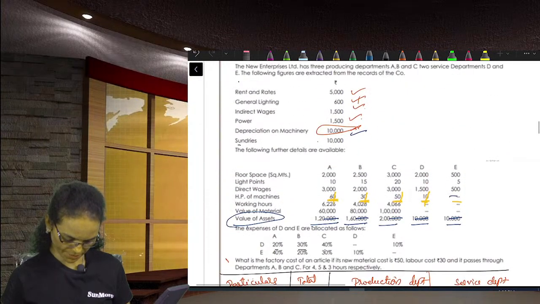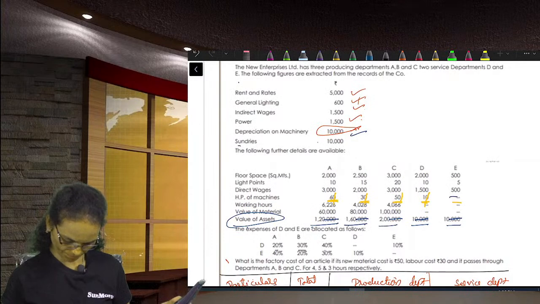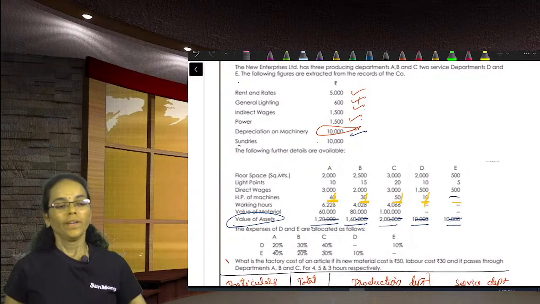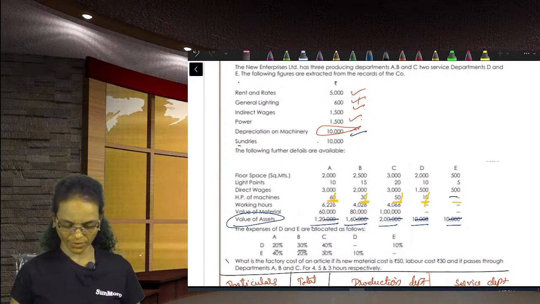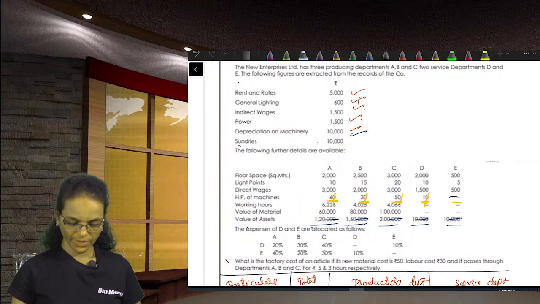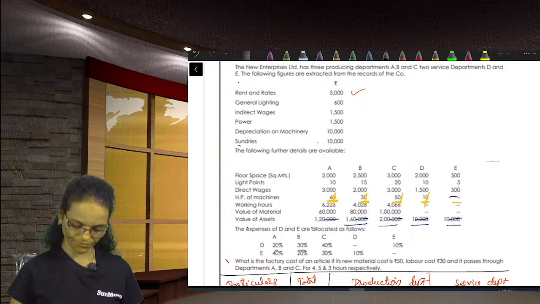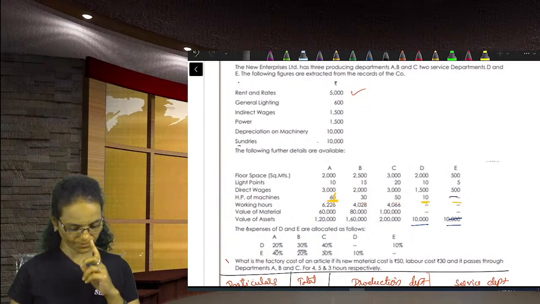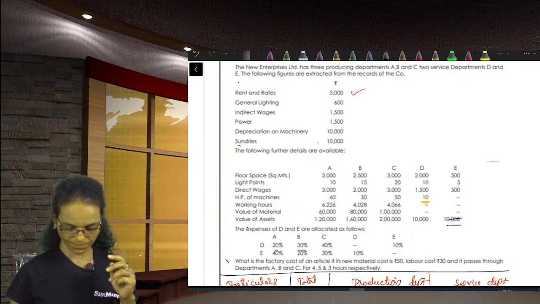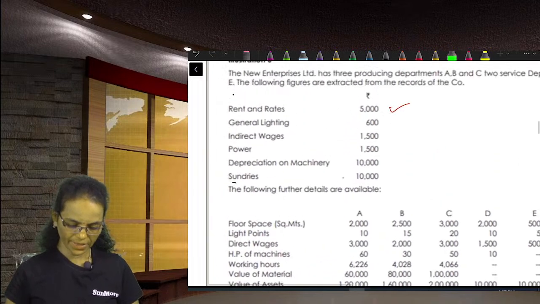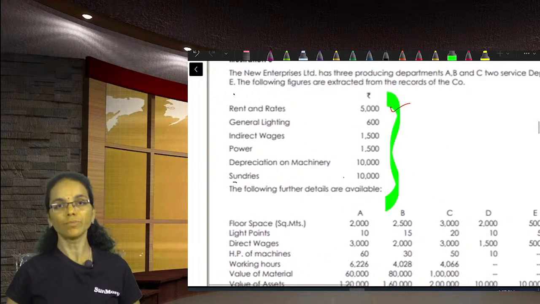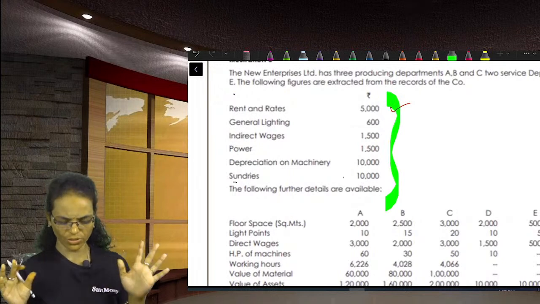Are we missing any item? Yeah guys, here you need to pay attention one more time. See, this is the primary distribution cost we have allocated, no issues.